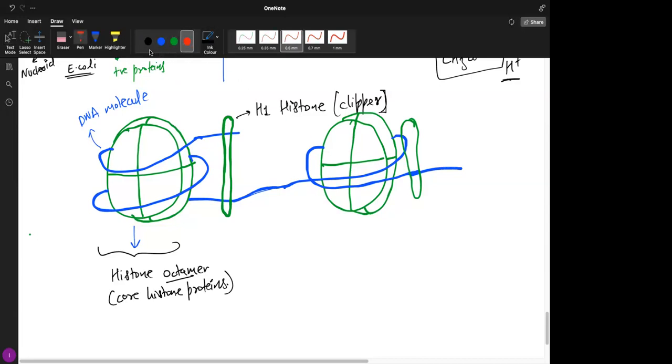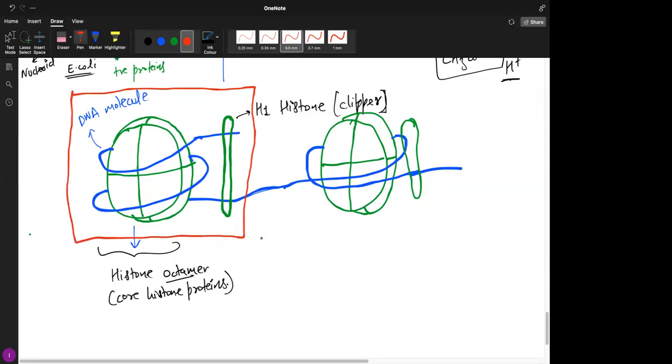Yes. Okay. Now this one structure, which includes the H1 histone, the histone octamer, and the DNA wrapped around it, is called a nucleosome, or nucleosome assembly.